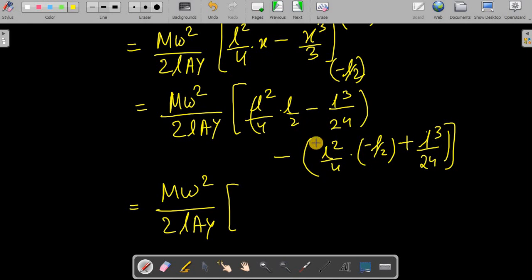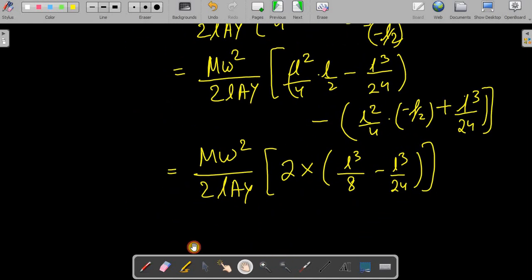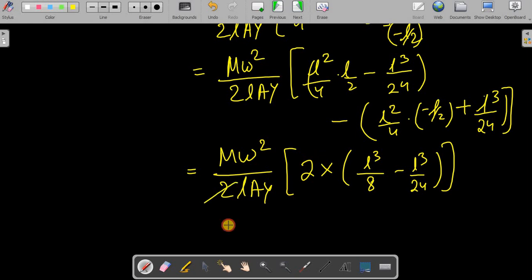First find out what it is. So 2 times of this will come. How much is this? L cube by 8 minus L cube by 24. So these two will anyway get cancelled here. So M omega squared by A Y, this becomes 24, let us say 3 minus 1 over 12.